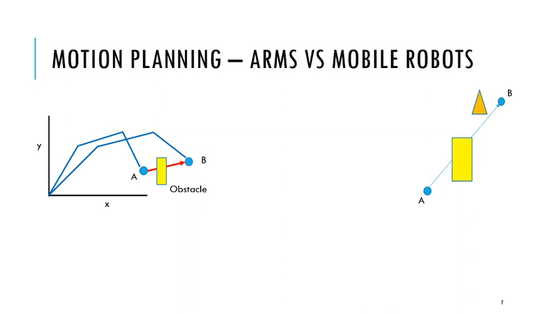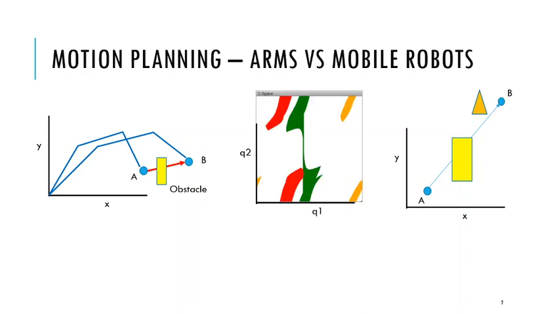Now it turns out that these two problems are remarkably similar once we think about the robot arm not in Cartesian space or task space, but in configuration space. This is the configuration space of a two-dimensional robot arm, but instead of having the Cartesian space x and y along the axes, I have the values q1 and q2. For a robot with more joints, the configuration space will be a higher dimensional problem.